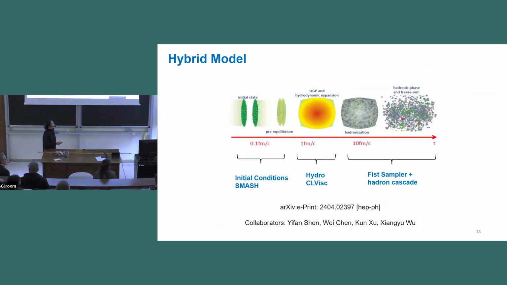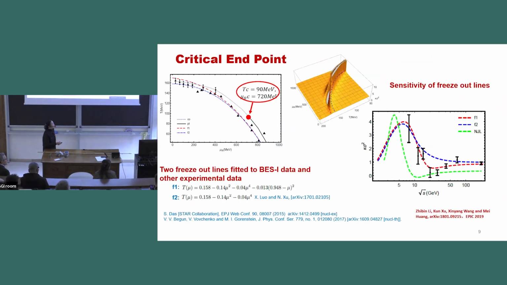You can regard this as a liquid-gas critical point. And if your phase trajectory goes through this part, in this region you will have a negative kurtosis.